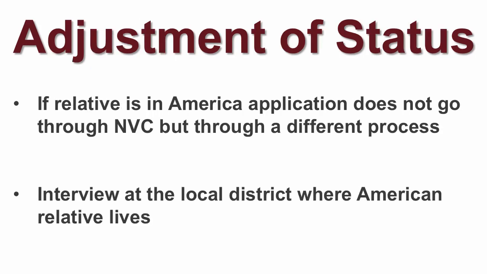Now, there's also a process called an adjustment of status, and that is if your relative is in the U.S., in America, the application does not go through the NVC, but it goes through a different process.